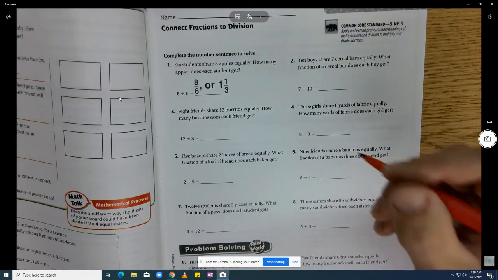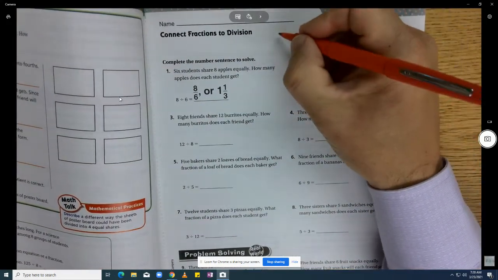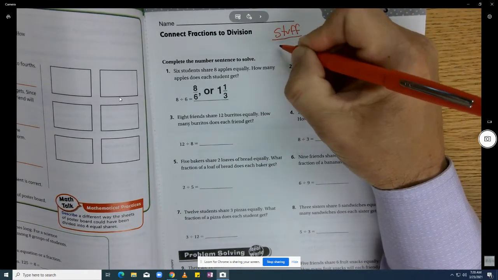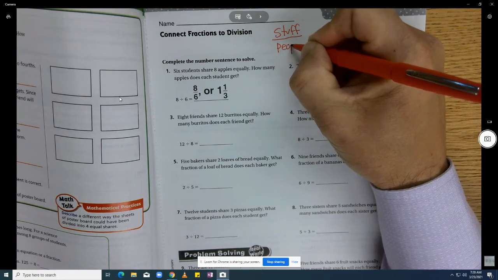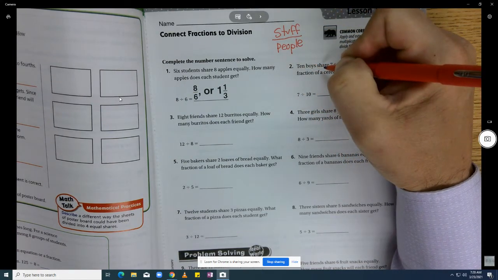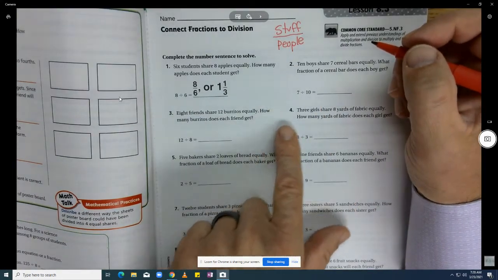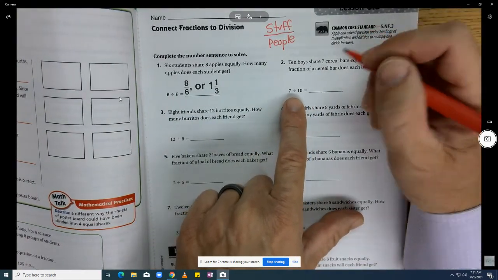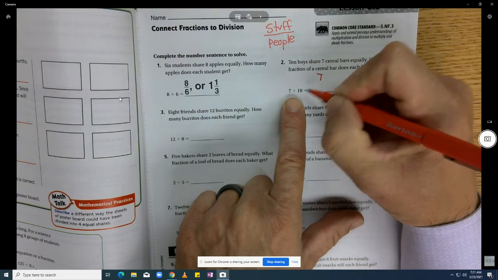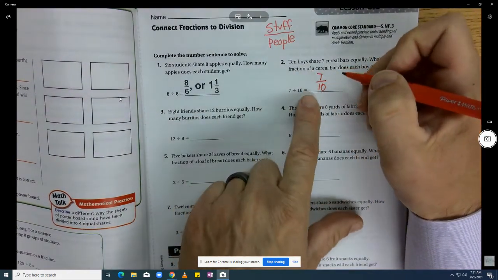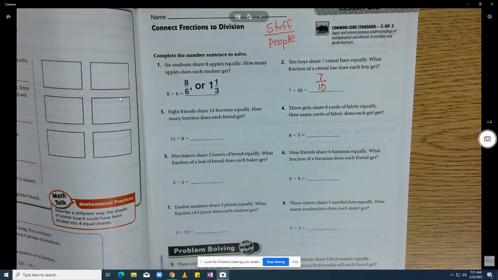Now here's the thing. What I would write right now on that page is stuff over people, to help you remember on all of these, it's not just what number comes first. Also, all of these are actually set up for you. I'll just do this first one really quick. Because remember, the top number goes on top. 7 divided by 10. And actually, that one can't even be made smaller. You're done already. So this page will not take you long.